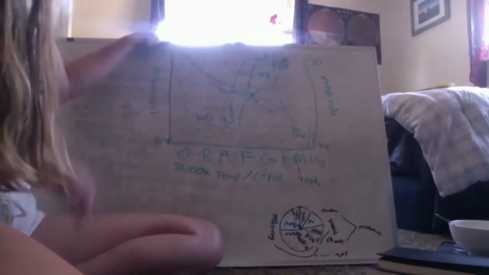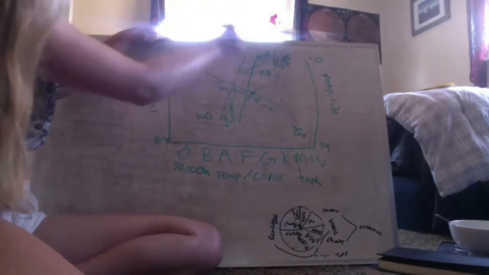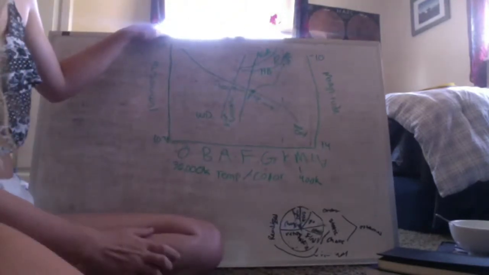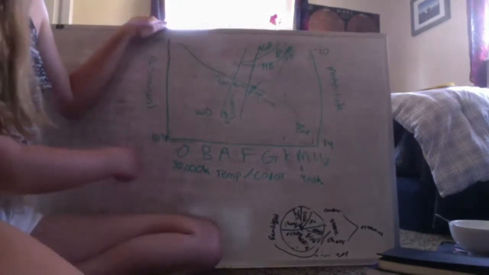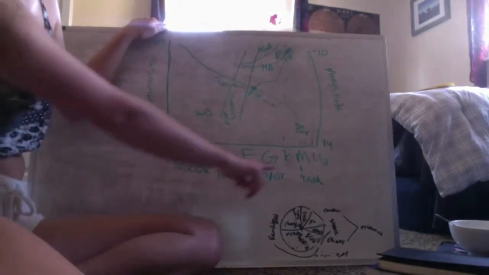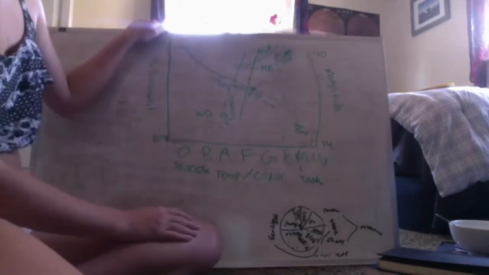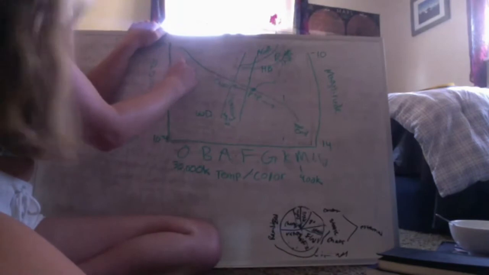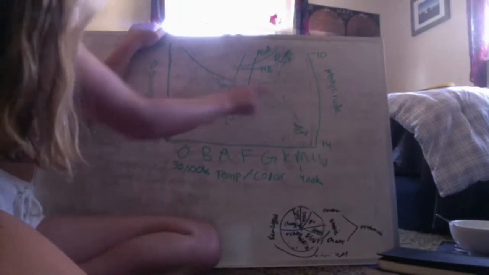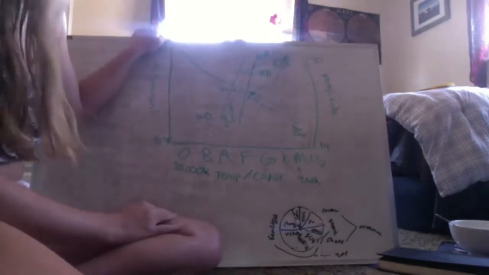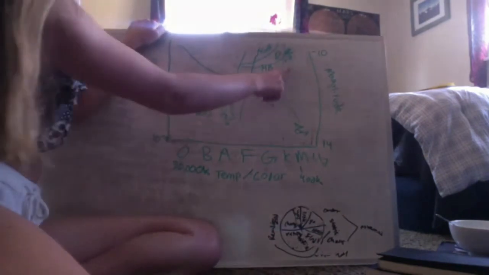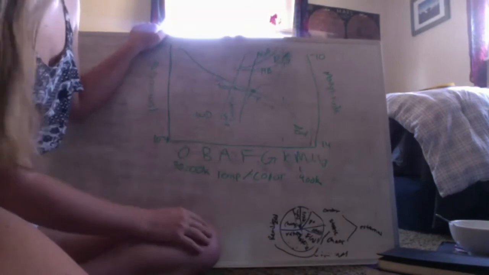So we've got luminosity, magnitude on the y axis, and then temperature or spectral type, like OBAFGKM, on the horizontal axis. And we've got the main sequence here, and then white dwarfs down here, red giants up here.